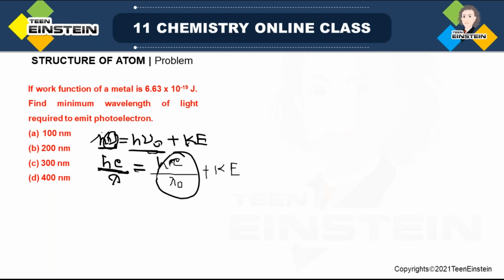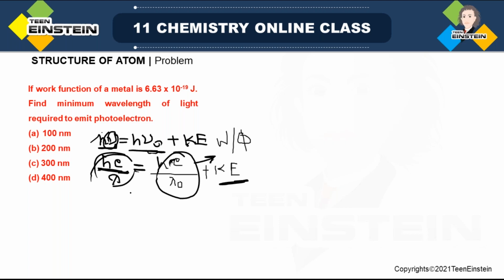That is why this is the work function. Work function is sometimes expressed as W, or sometimes also as phi. Both are fine. So here phi is equal to h nu because kinetic energy is 0. So now we can write that hc by lambda is equal to phi.